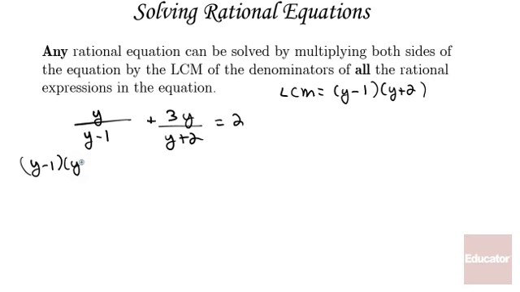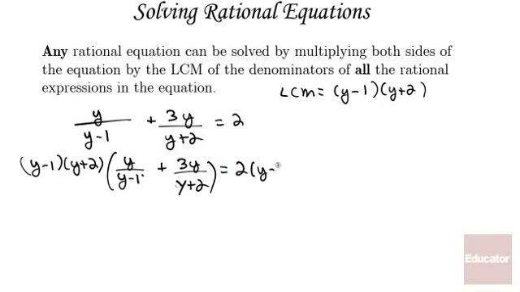Y minus 1 times y plus 2, and I'm going to multiply all of that times this. On the right side, I have 2 times y minus 1, y plus 2.